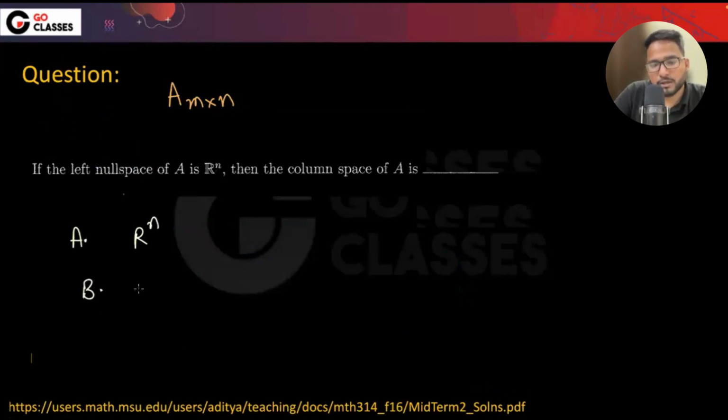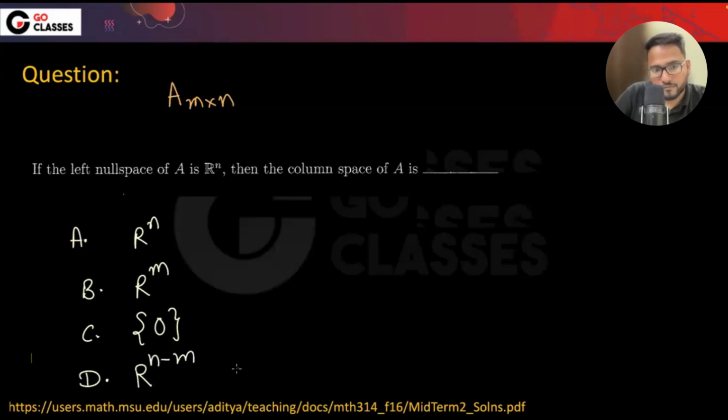Option B, this is Rm. Option C, this is just, let's suppose, the zero vector. Option D, this is R to the n minus m. Okay, so tell me which one is correct.